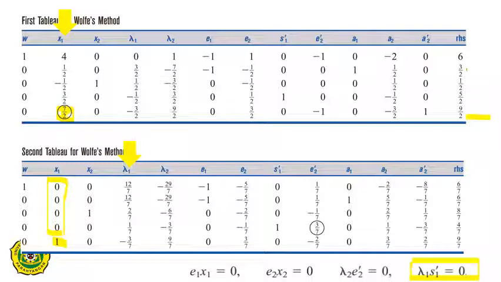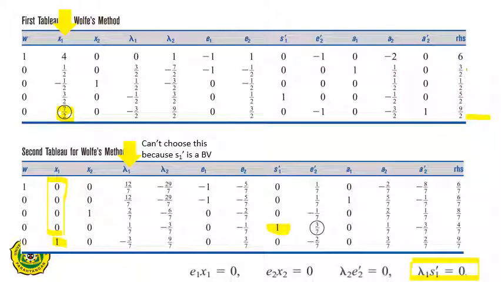Right now, s1 prime is a basic variable, which means that we cannot pick lambda 1 to become the entering variable.